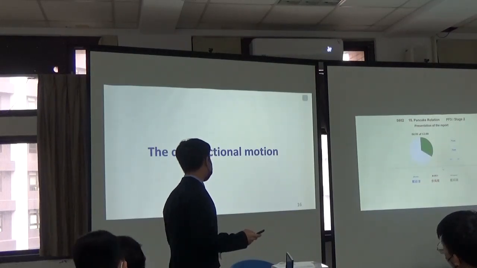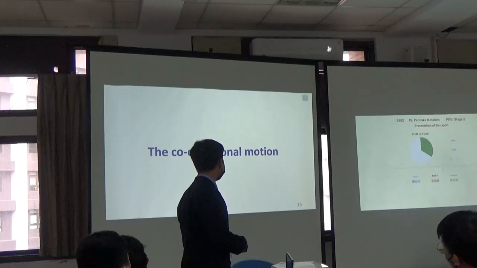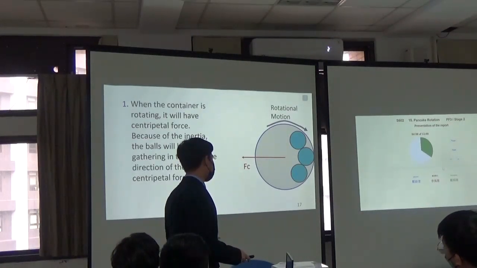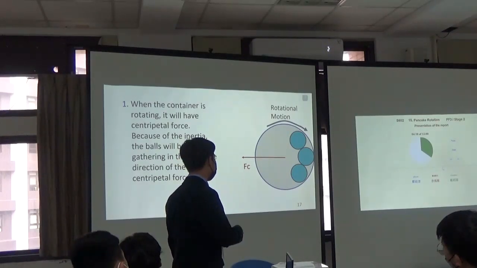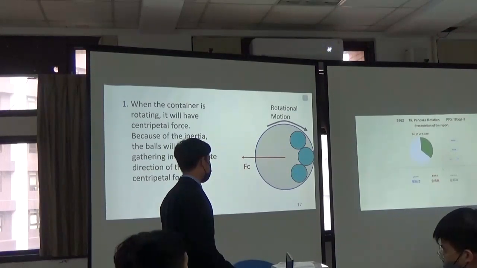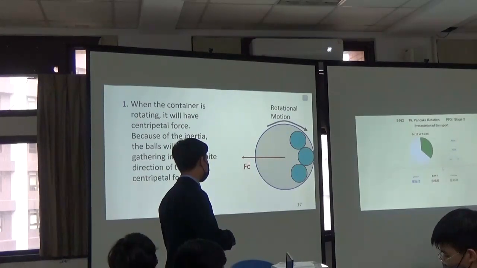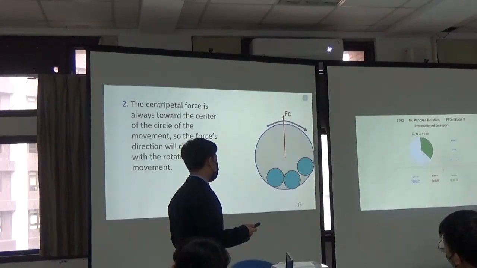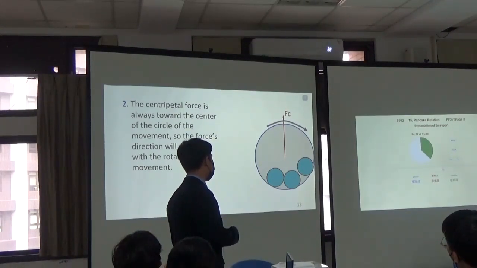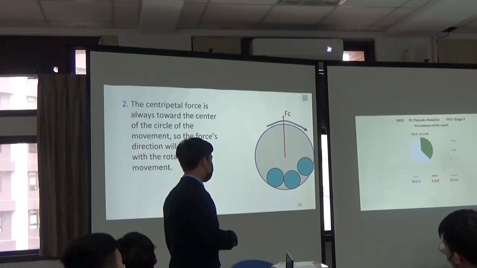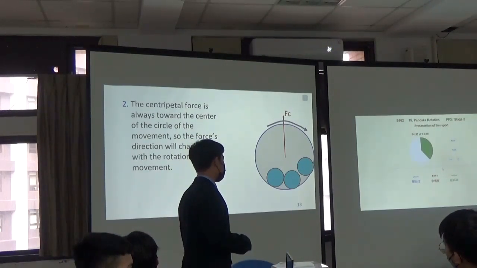Okay, let's start off the co-directional motion. First, when the container is rotating, you will have a centripetal force. And because of the inertia, the balls will gather in the opposite direction to the centripetal force. And in a similar fashion, when the centripetal force is upward, the balls will gather downward.